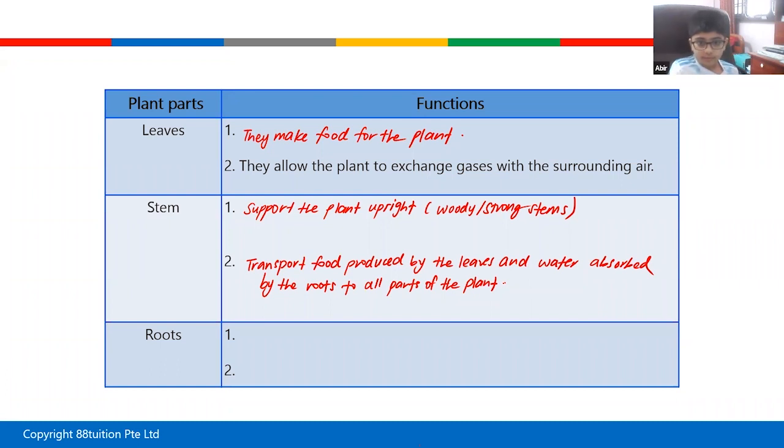Okay, next one. Abe, can you call someone else? Ariano. Ariano, what's a function of the roots? I'll give you a clue. Okay, Ariano, it takes in water. Very good.